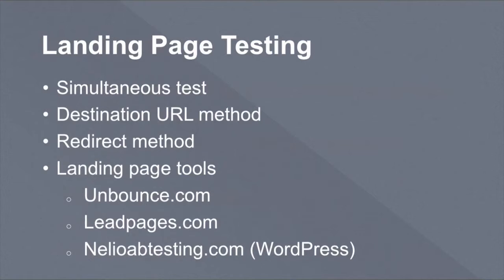From an AdWords perspective, you don't differentiate between the pages. However, there is a slight downside to that in that some of your data is then in your landing page tool and some of it is in AdWords. So you have a little bit of work to do to piece the two together. You can, though, just simply create two different pages and in your AdWords account have two identical ads but with different destination URLs.